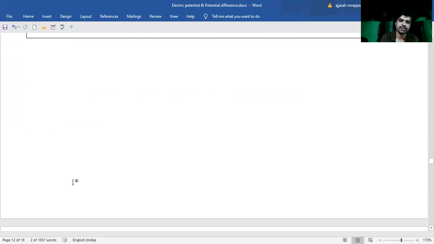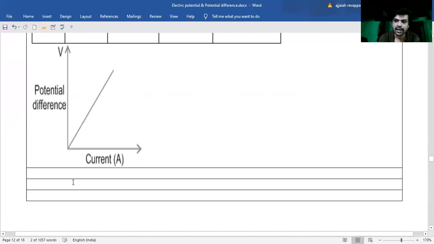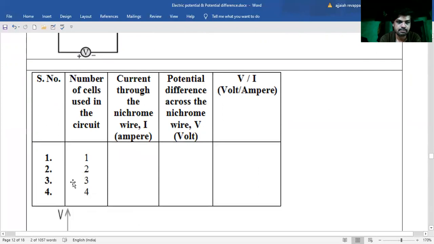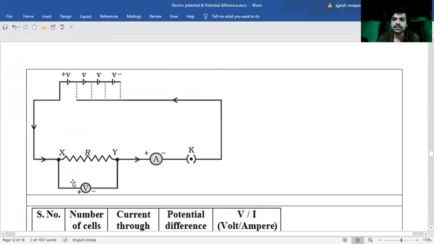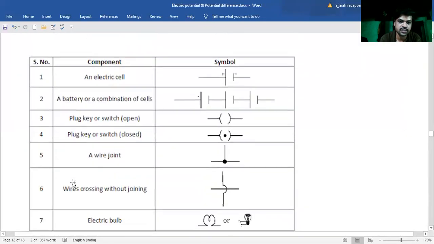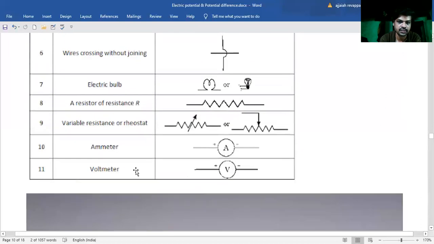We connect this voltmeter in parallel across the points between which the potential difference is going to be measured. Next, the symbols of commonly used electrical components. Okay, different components and their symbols.